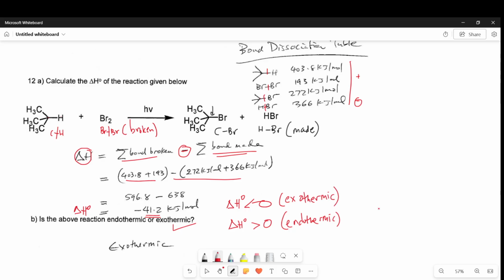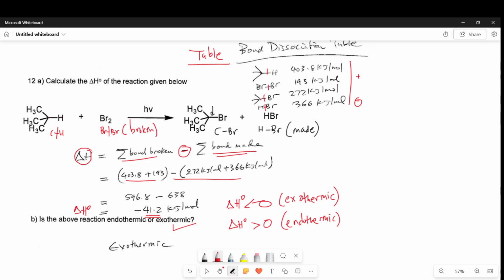Okay? So basically in this kind of question, usually you'd get a bond dissociation table. In your book, in the final pages, you might find this useful table of values. In the test or in the exam, I provide this, but the way you need to read it is important.